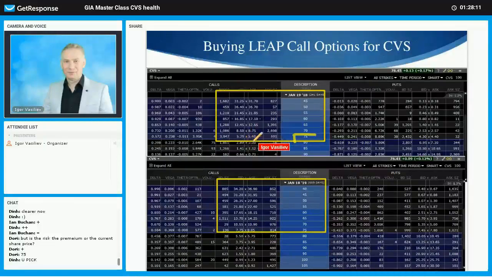So we buy the right to buy the shares at $75. At the moment, the share price is $76.45. So how much time value are we paying right now for this right? Who can calculate it?